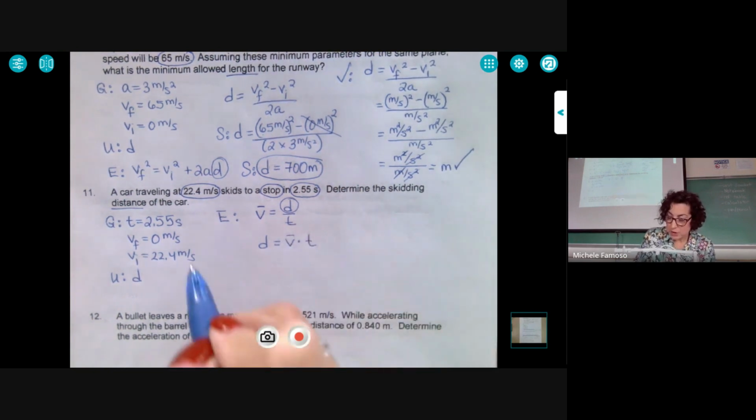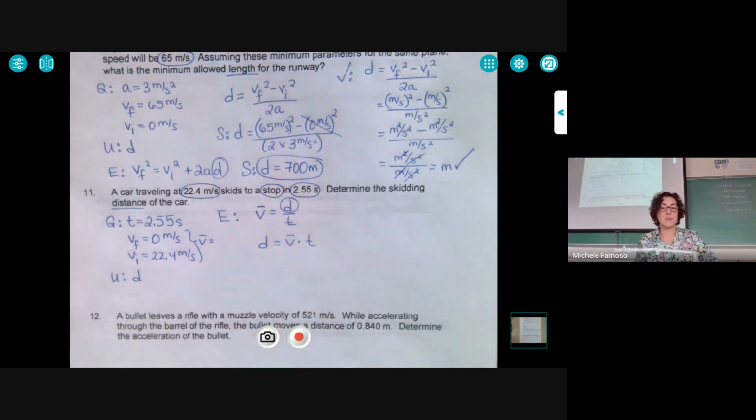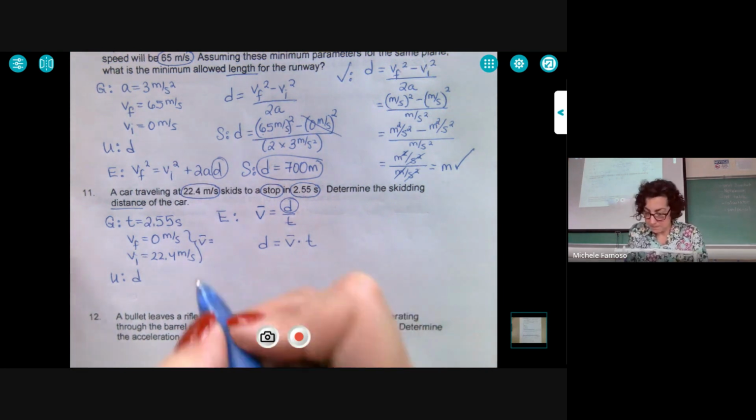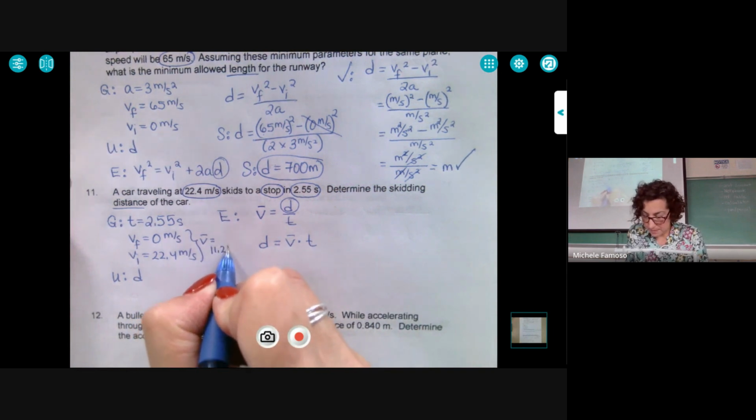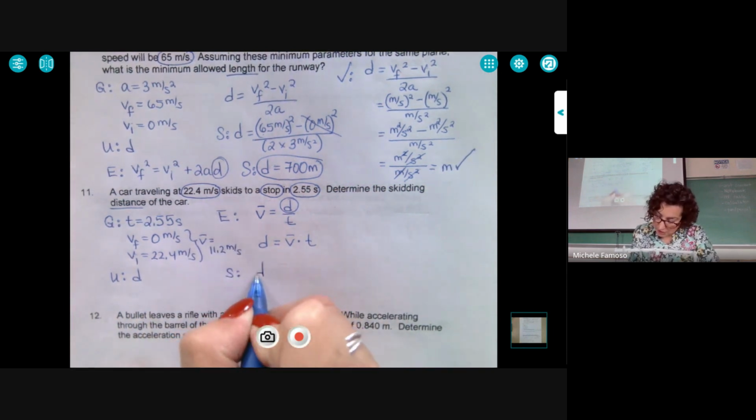Good. Now, you got to come up with the average of those two numbers before you can do your substitution. What's the average of 0 and 22.4? Grace, can you tell me? Yep, meters per second. So now we can do our substitution with units.